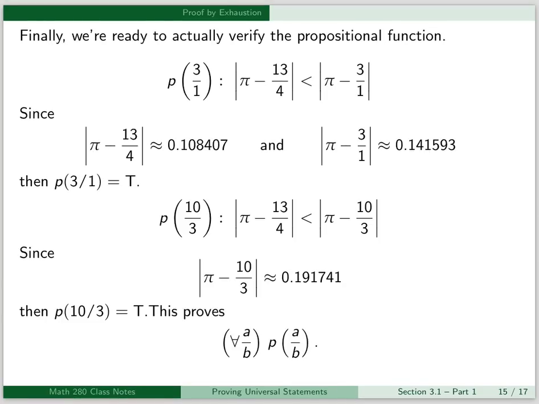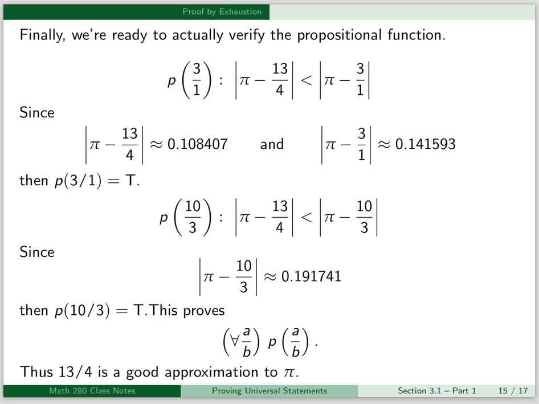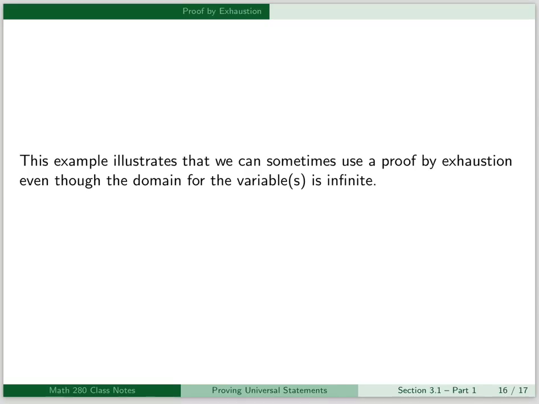And this proves our universal statement for all a over b, p of a over b. And thus 13/4 is a good approximation to pi. This example illustrates that we can sometimes use a proof by exhaustion even though the domain for the variable or variables is infinite.